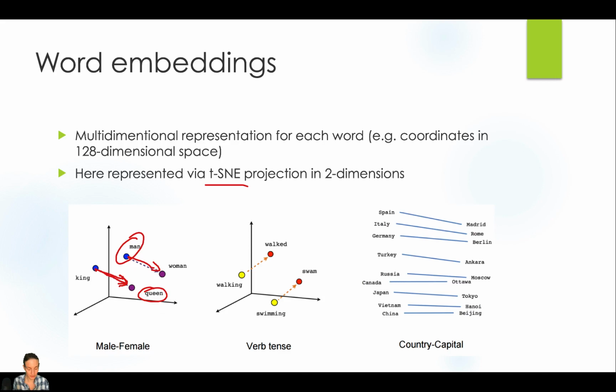We see similar translations for conjugate verbs, for instance. So these learned vector embeddings are extremely useful for representing words in a meaningful way, because the closer the words are, the more similar they are, and also we can define relationships between different words.